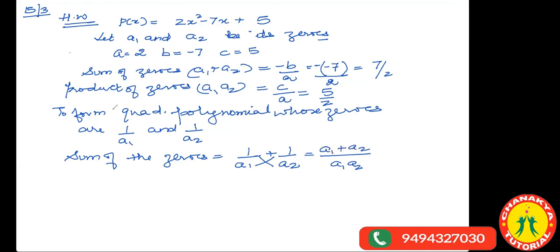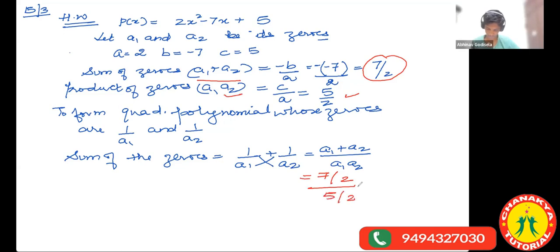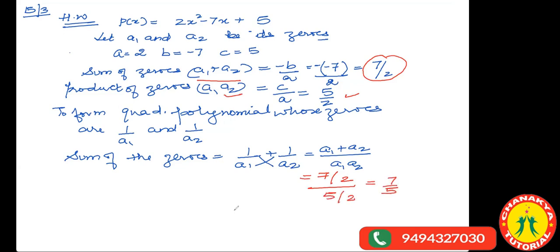Now just put the values: a1 plus a2 is 7 by 2, and a1 a2, the product of the zeros, is 5 by 2. 2 cancel, then it will be 7 by 5. Clear? Yes, ma'am.